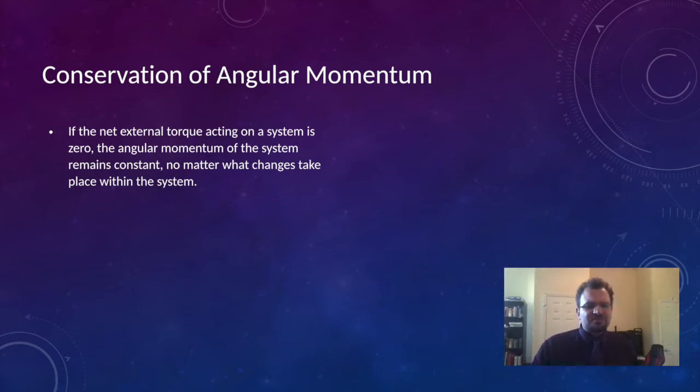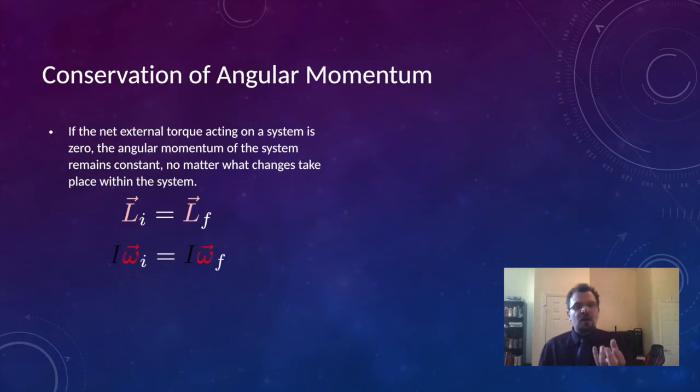So, to put this more formally, with the math, we've got that initial angular momentum is equal to the final angular momentum. So we can split that apart, and we get the initial moment of inertia times the initial angular velocity is equal to the final moment of inertia times the final angular velocity.